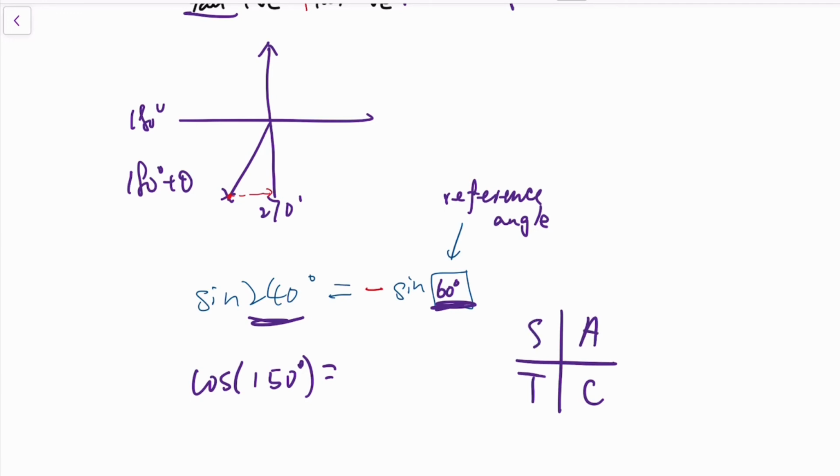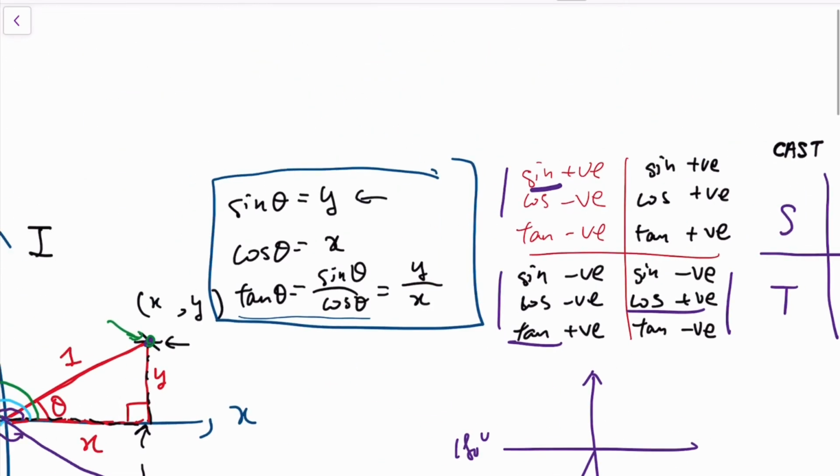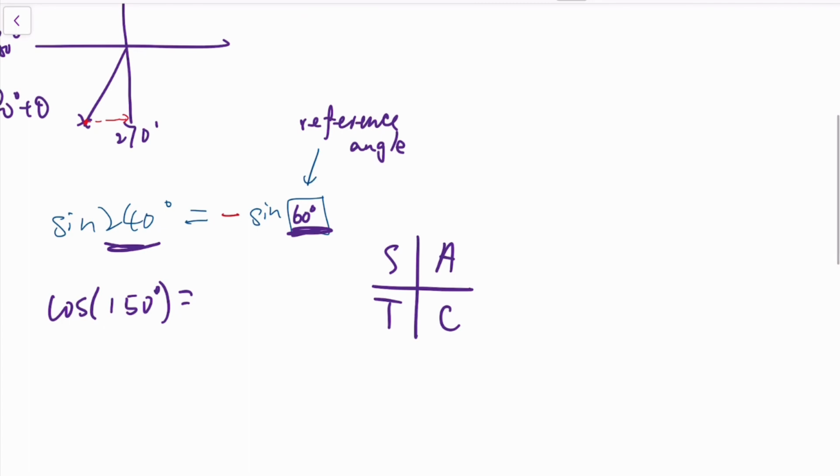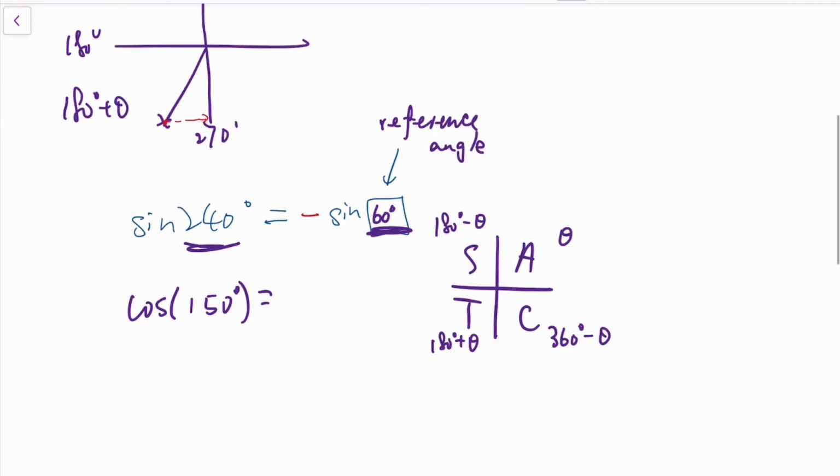C-A-S-T. I also like to memorize the angle of each quadrant, which are these. So in quadrant 1 it is theta. Quadrant 2, the corresponding angle is 180 minus theta. The angle in quadrant 3 is 180 plus theta. Quadrant 4 is 360 minus theta. Okay, 150. 150 is in quadrant 2.